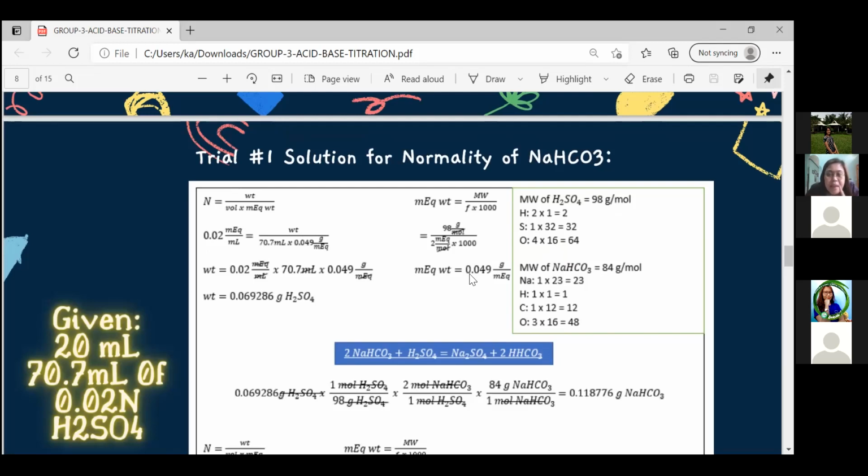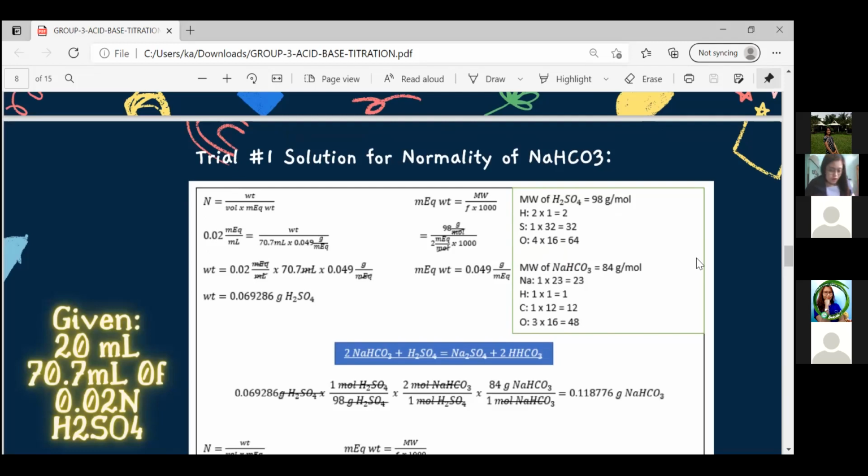The first step here is to compute for the amount of the sulfuric acid na nagamit during the titration. Remember, sulfuric acid is our standard solution there. Mao siya ang titrant. Gi-add siya sa Erlenmeyer flask via the burette. And gitawag na siya standard solution kasi known iyahang concentration.